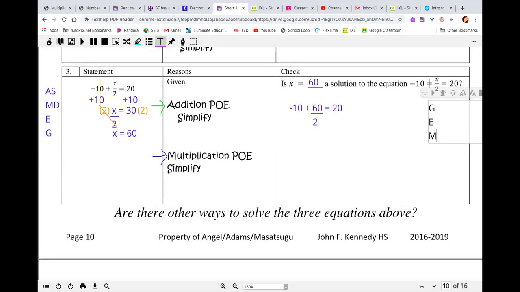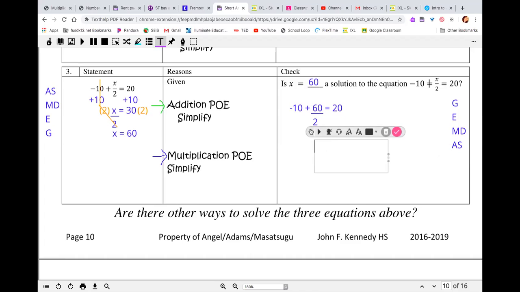So what's 60 divided by 2? I could say, what's 6 divided by 2? Use my little trick with the zeros. 3, and then put the 0 back in. So 30, because 30 times 2 is 60. So 60 divided by 2 is 30.